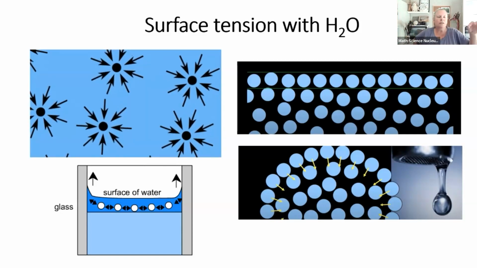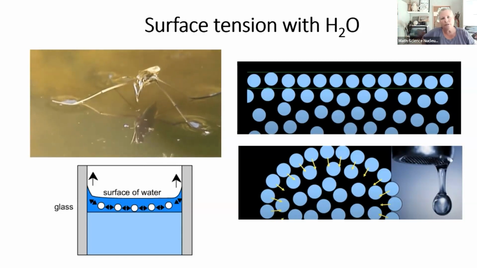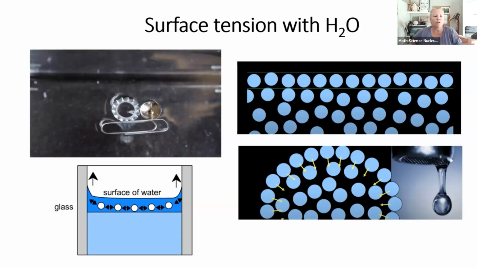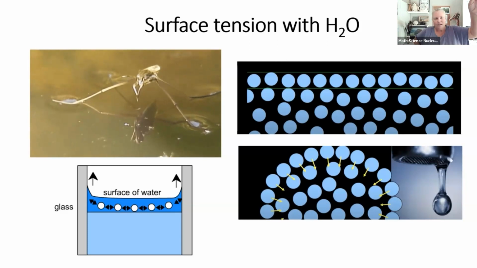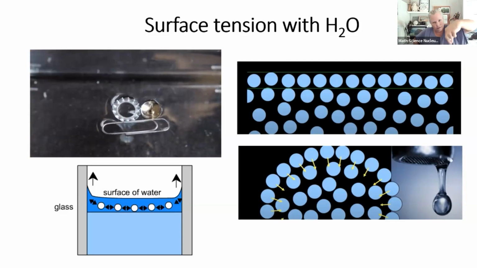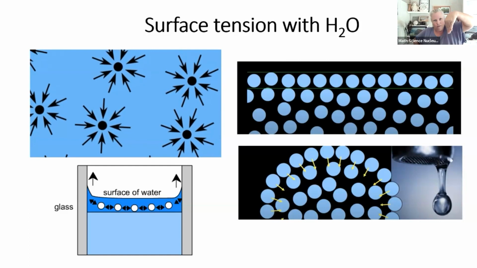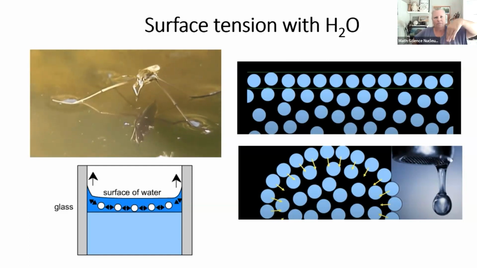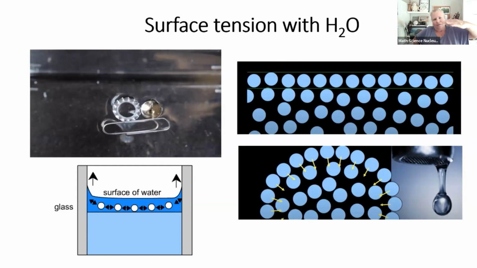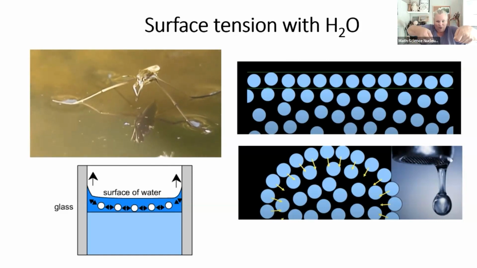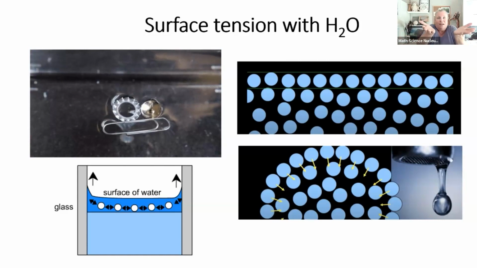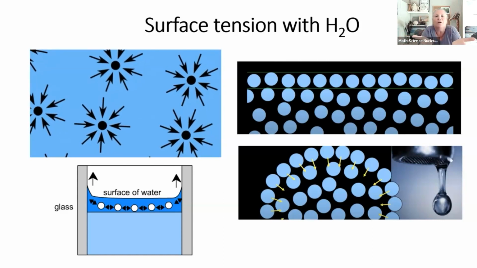Now, if you have objects that you drop onto water, and you can do these kind of things at home too, with just a cup of water, a bowl of water. If you drop in a paper clip straight down, it's going to go straight to the bottom, right? But if you try to lay it down very carefully, maybe with a piece of toilet paper underneath, so that the toilet paper just floats and goes away, it's going to leave your paper clip floating.